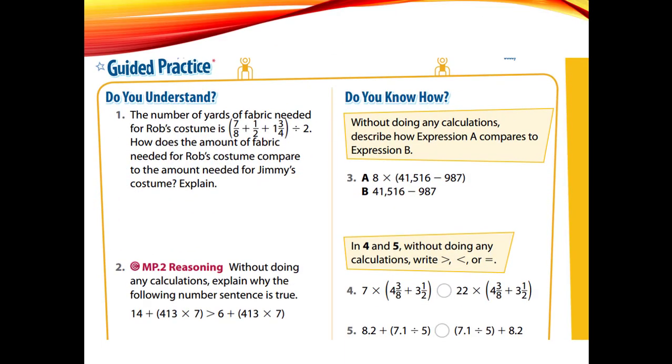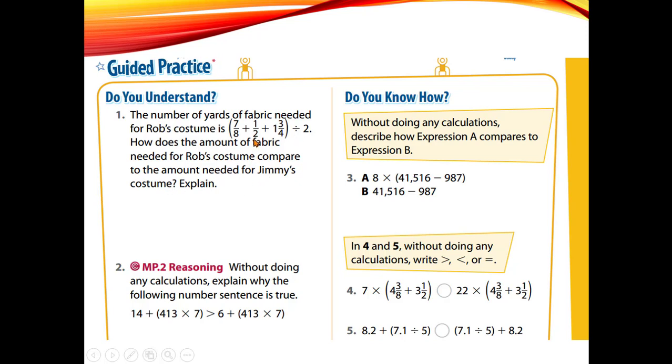But this one here, the number of yards of fabric needed for Rob's costume is the same expression divided by 2. How does the amount of fabric needed for Rob's costume compare to the amount needed for Jimmy's costume?